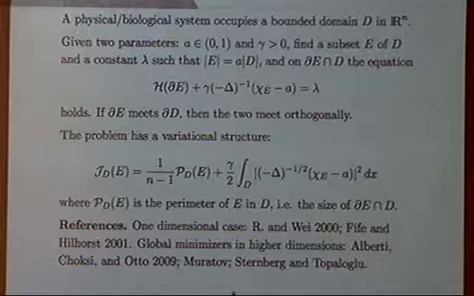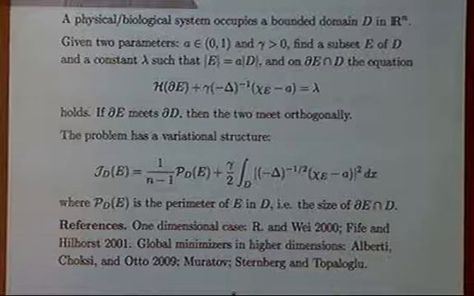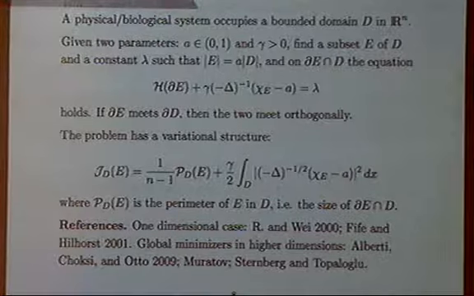It's A times the volume of the total domain. And on the boundary of this set, so here I mean the boundary which is inside the D, this equation holds. The mean curvature of the boundary plus gamma times the inverse Laplacian, with Neumann boundary condition, of this characteristic function minus A.